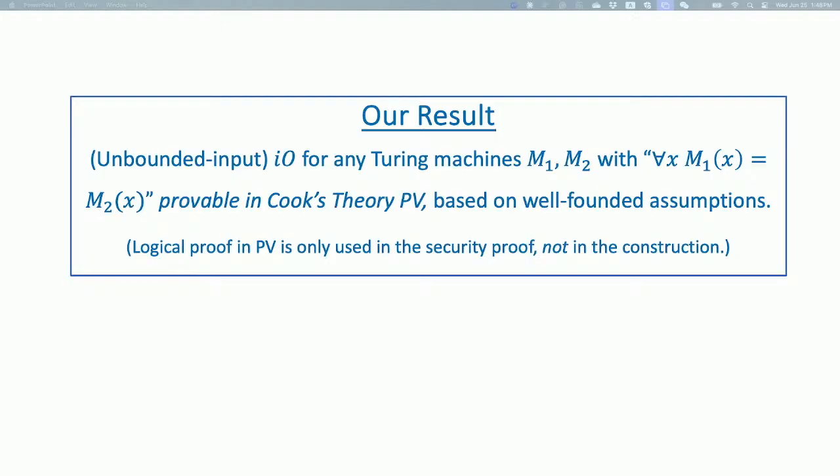And our construction is based on well-founded assumptions. In fact, our construction needs to use I/O for circuits. Note that the proof in the logical system, Cook theory PV, is only used in the security reduction. So to obfuscate a program, you don't need to know what this proof of equivalence is.